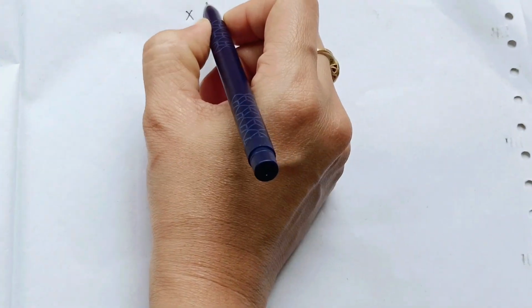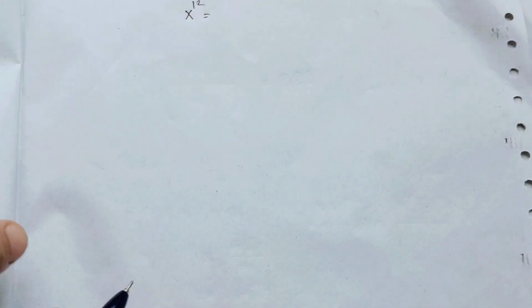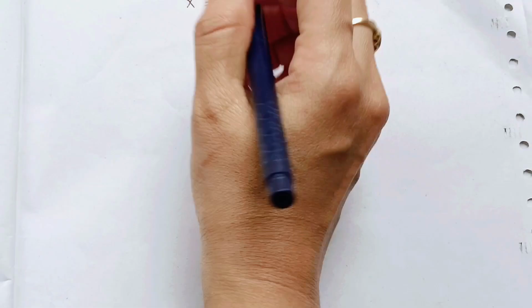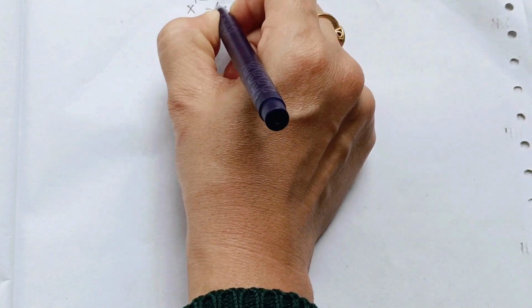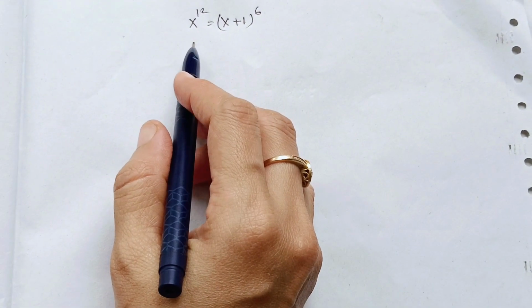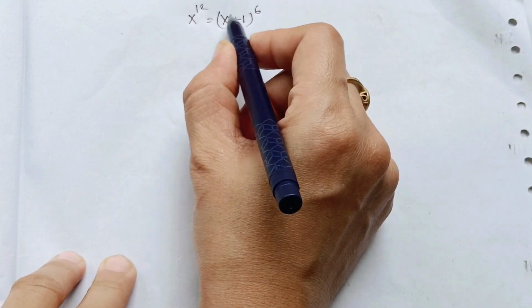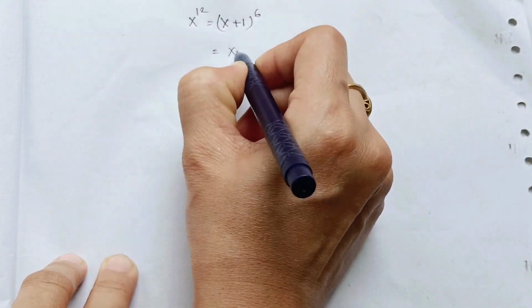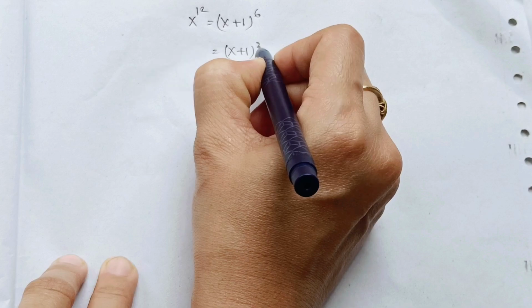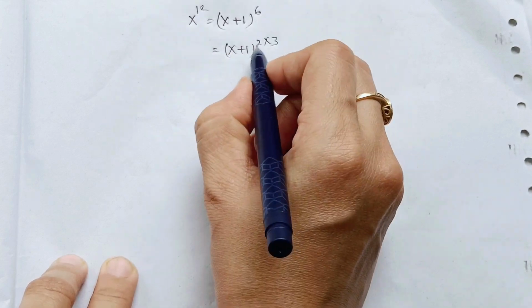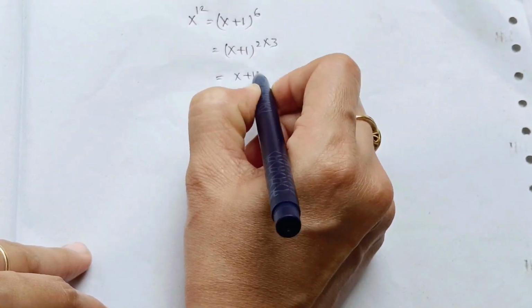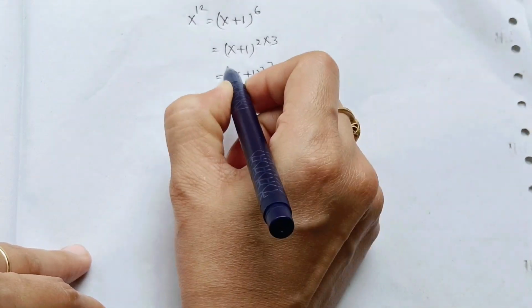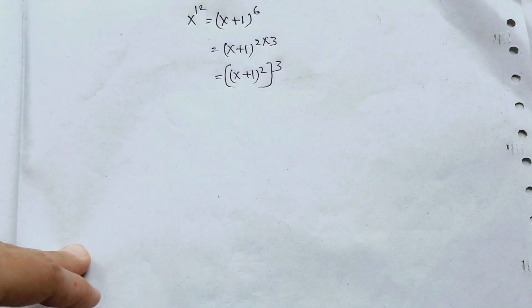So x power 12 is equal to (x plus 1) whole power 6. This is what we got in the last step. Again this can be written as (x plus 1) whole square to the power cube, since 2 multiplied by 3 is 6.